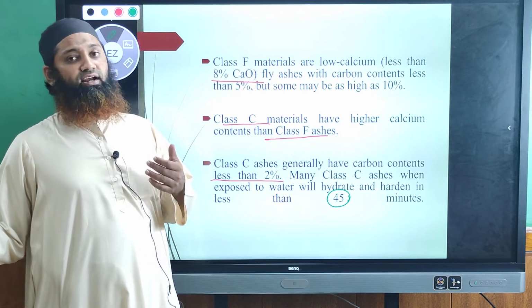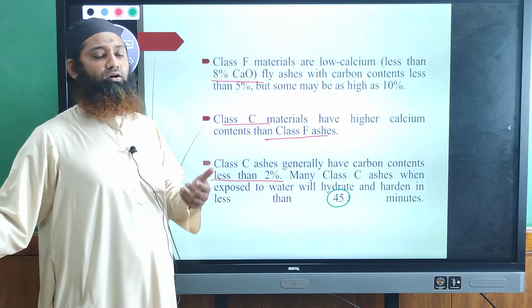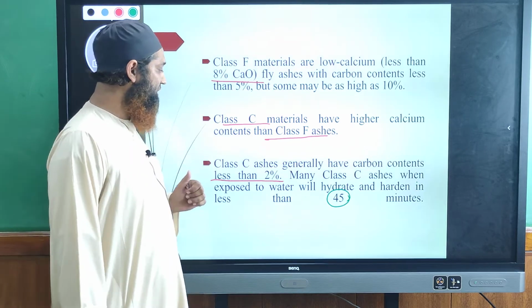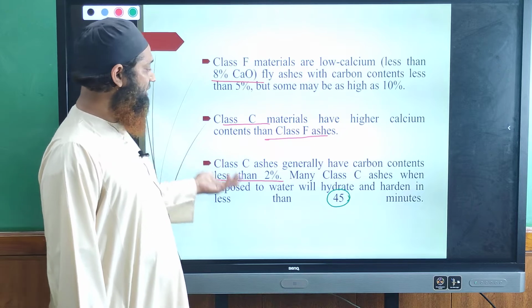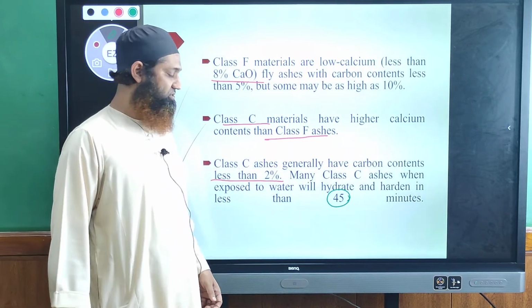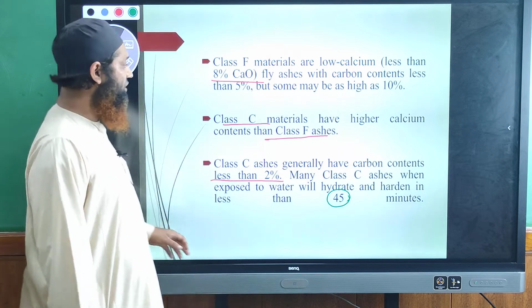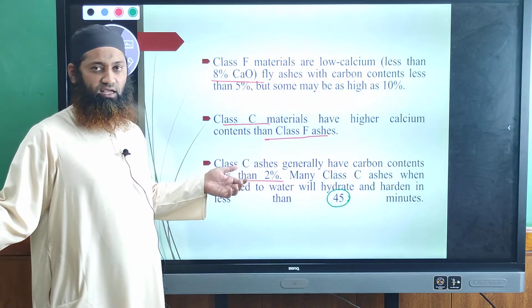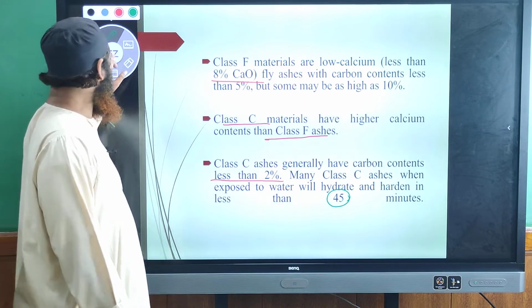Because if they take a lot of time, then the strength we desire to achieve is not achieved. So this class C is very good in hardening up. It takes only 45 minutes. This is also a very good aspect: class C performs better than class F fly ash.